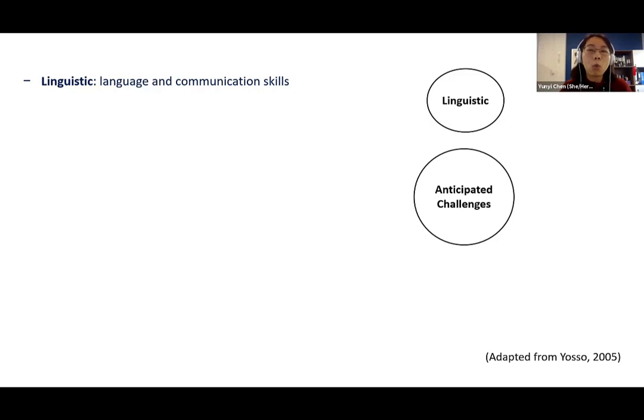It usually takes about 1 to 2 years for individuals to develop some basics of BICS. And BICS is also what the language proficiency tests, such as IELTS or TOEFL, usually are based on.